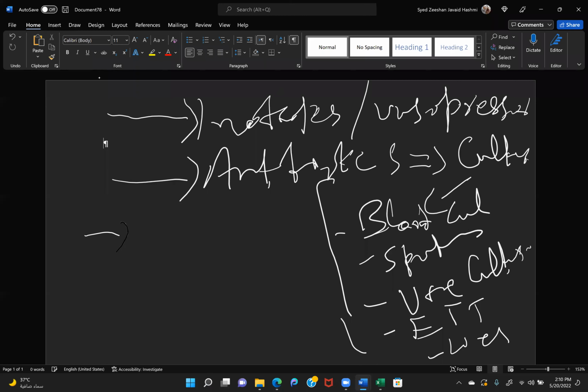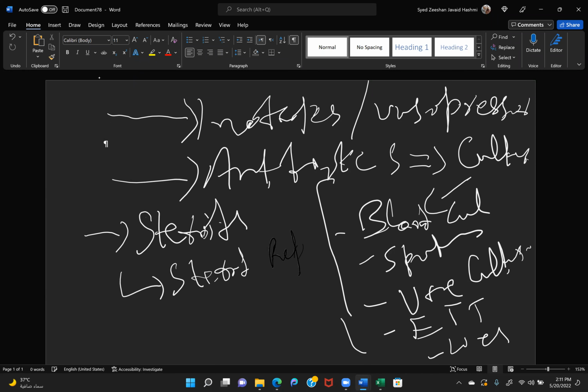Then are they taking any steroids, for example? What will be the indication of steroids in ICU? If the patient is already on steroids for a long time, steroid replacement. Chronic steroid use for any condition. What else?